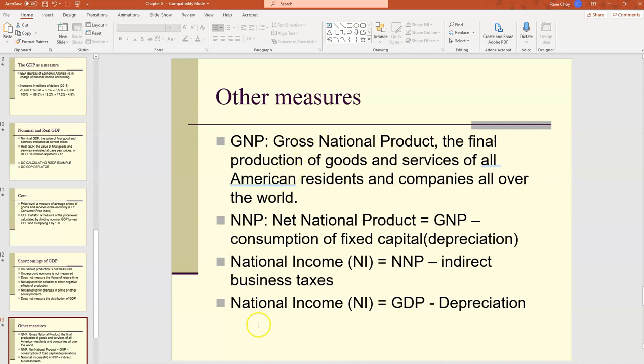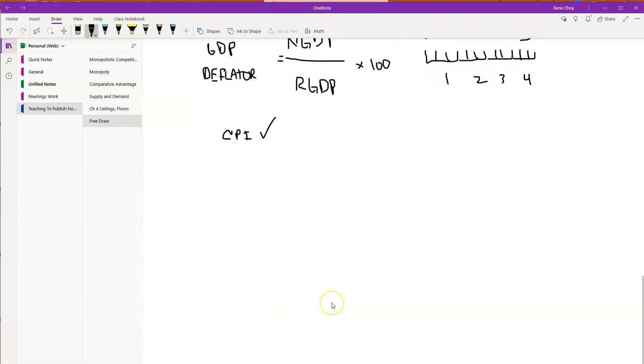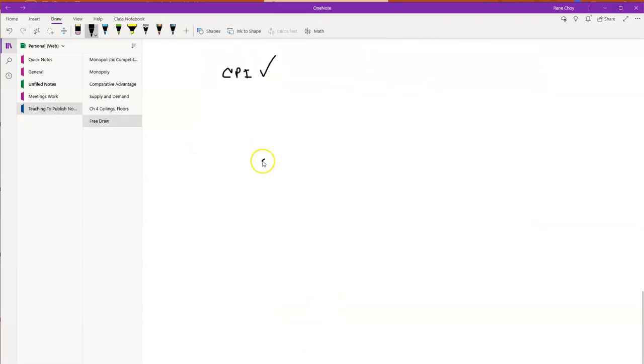Now let's talk about what the difference between those two is, because we still keep the GNP number. Now GNP, or Gross National Product, is trying to measure the production of Americans all over the world. So American production regardless of where it is.